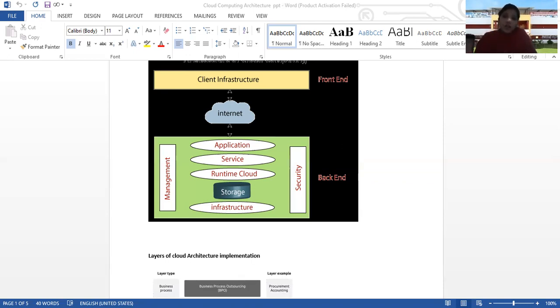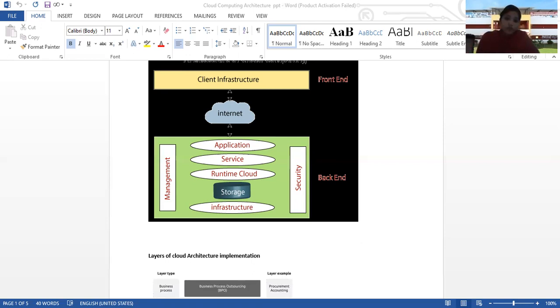Then next is the application. Application may be any software or platform that the client wants to access. Then services: cloud services manage which type of service you access according to client requirements. Cloud computing offers the following three types of services.